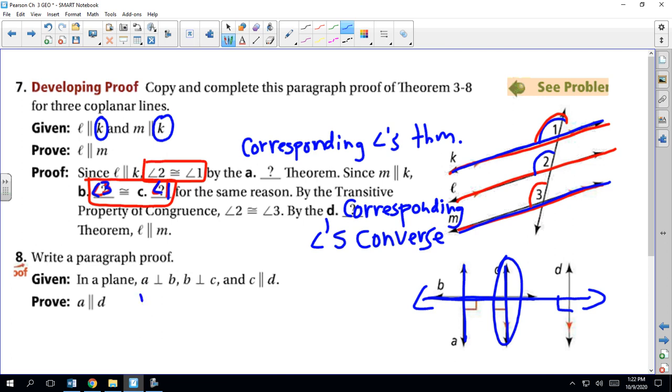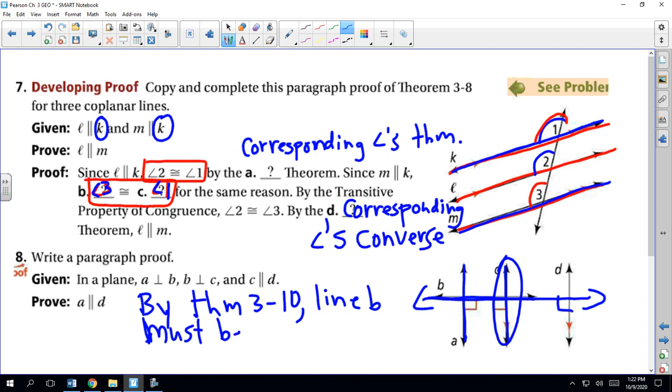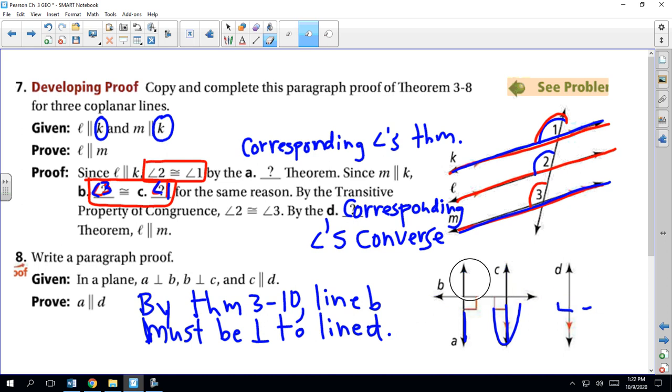So by theorem 3-10, line B must be perpendicular to line D. And then I have this whole string of perpendicular line segments now.